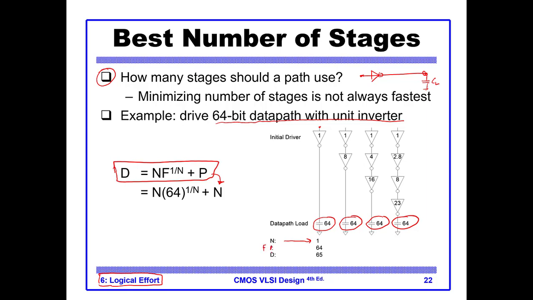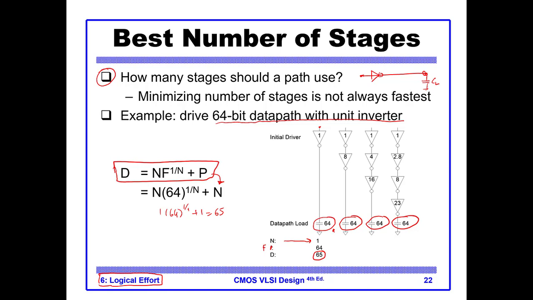So F is 64, as this comes from the load, and d is equal to 1 into 64 raised to the power 1 by 1, plus 1. So it is equal to 65. So the delay is 65.